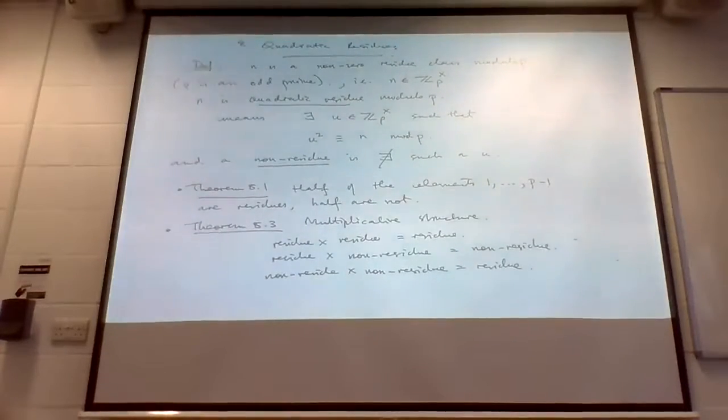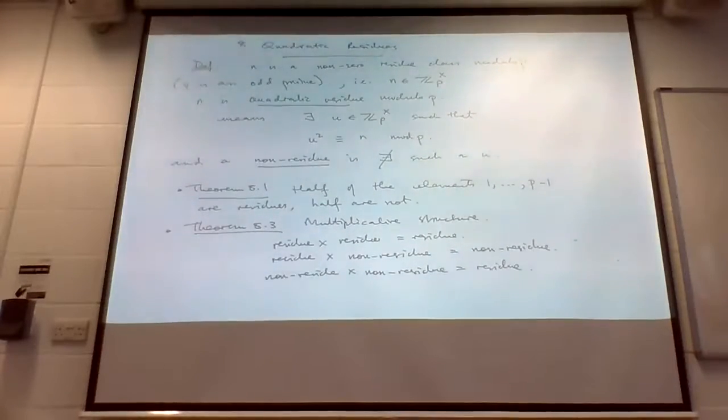We have a naive method, and that's just patiently, one by one, searching for all the residues by squaring everything modulo P. If you square all of the congruence classes between 1 and P minus 1, you'll see what all the residues are, and you'll discover whether or not n is among them. But it's a very naive, brute force method.